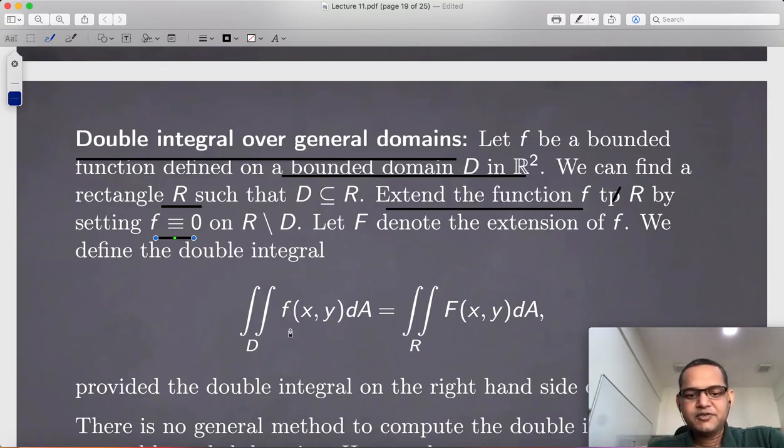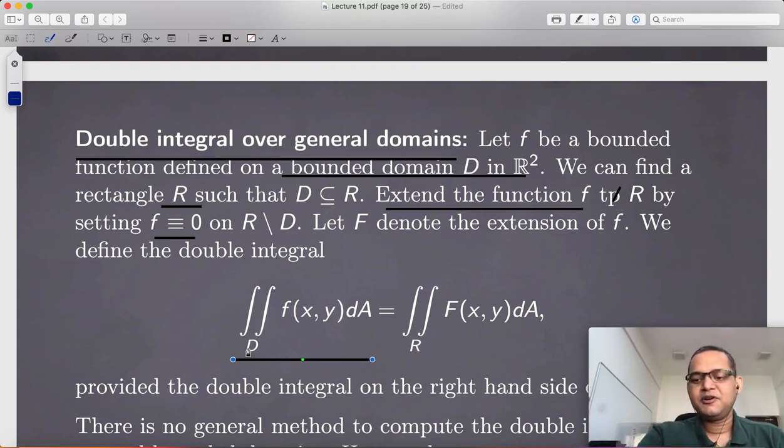So what we do is we define the double integral of f on this domain. I am not really giving any constraint on the shape of D, isn't it? And we say that this is the double integral over the rectangle of this extended function, okay.